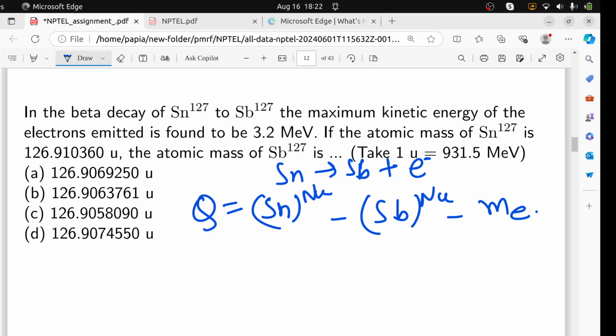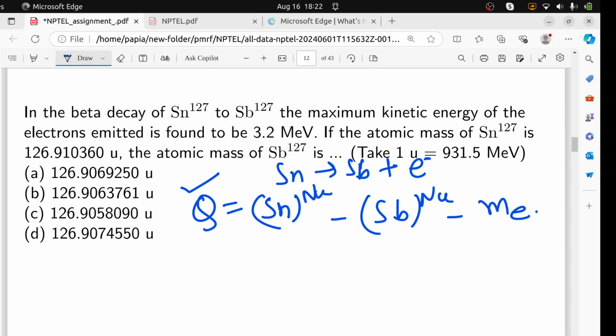This will be the exact formula for the Q value. Now they are giving us the values in terms of atomic mass, so we have to convert the atomic mass to the nuclear mass, and after that we will get the answer.